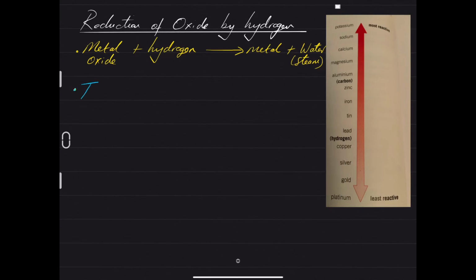Tungsten oxide plus hydrogen goes to tungsten plus water. Again, steam.